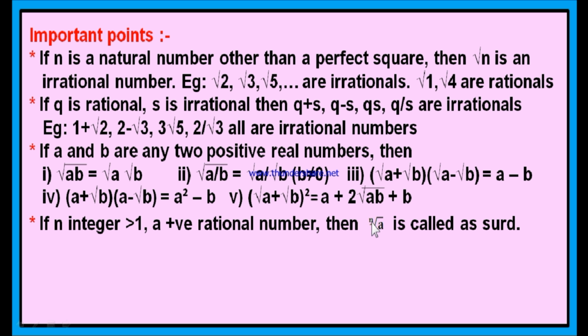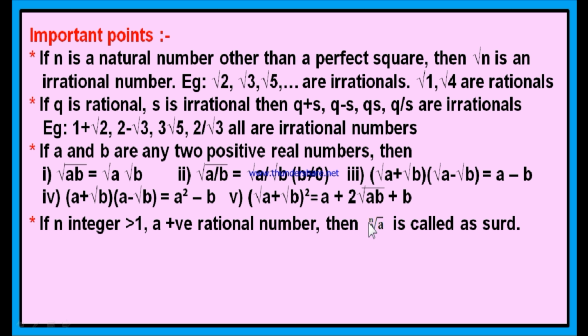Here this n, you should read this as nth root a. You should not write n before the square root. You should write n inside the square root. If you write n inside the square root, then you should read this as nth root a. If we write n before square root, then we should read it as n root a, n into root a. But if you write n like this, then you should read this as nth root a.